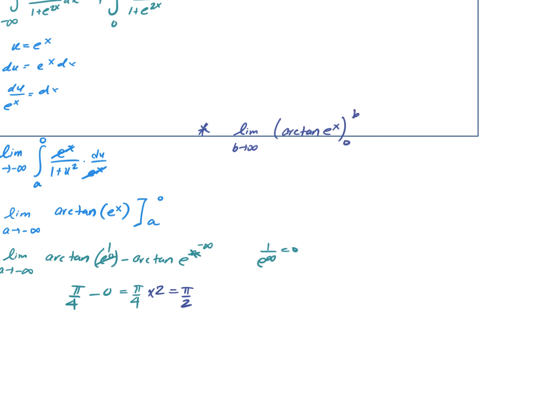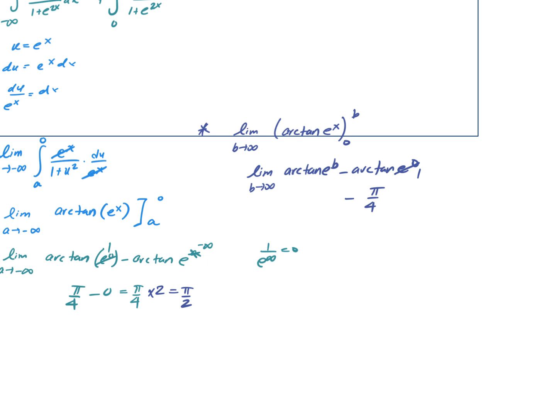I plug in, so we're going to get the limit as b goes to infinity, arctan of e to the b minus arctan of e to the 0. This is 1. Arctan of 1 is pi over 4.